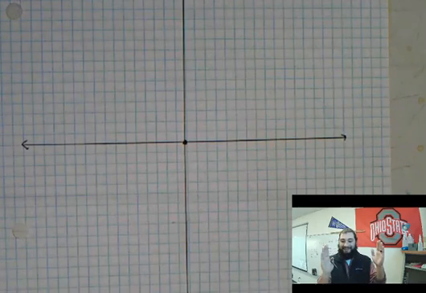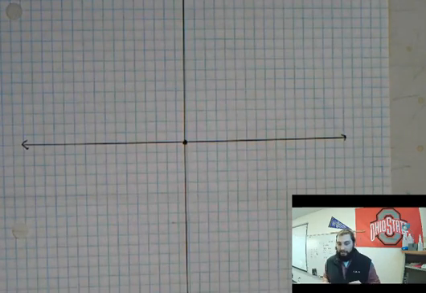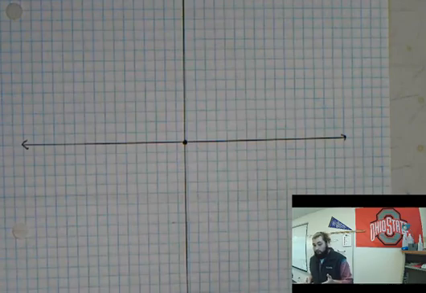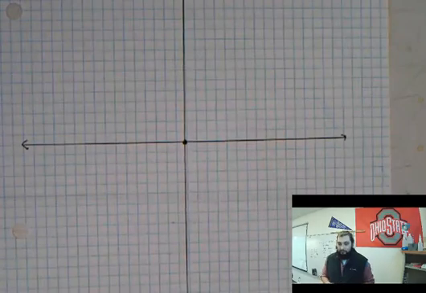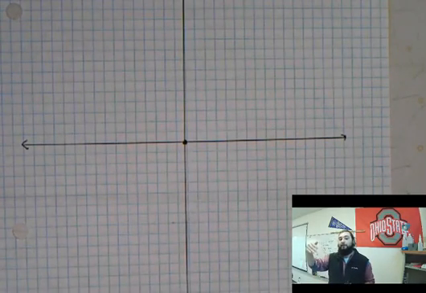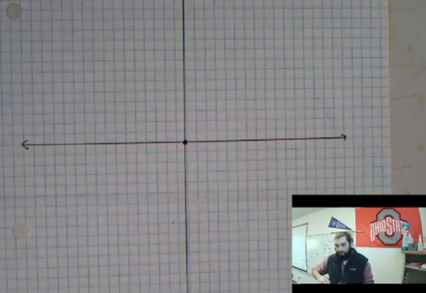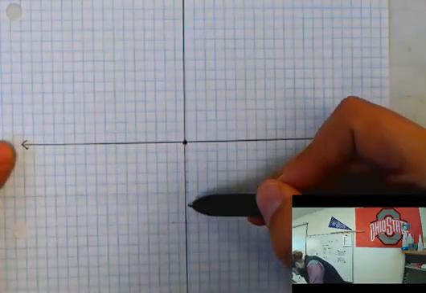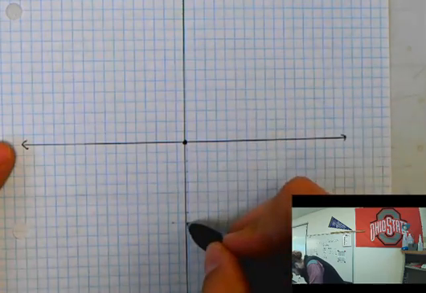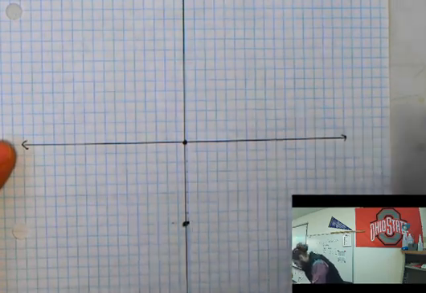On one side are your negative values, on the other side your positive values. 0, though, is neither, right there in the middle at the origin. But we do need to go down to negative 8, and the reason we go down is because our y value is dealing with our vertical axis. So we go down 1, 2, 3, 4, 5, 6, 7, 8. So here is our first point.